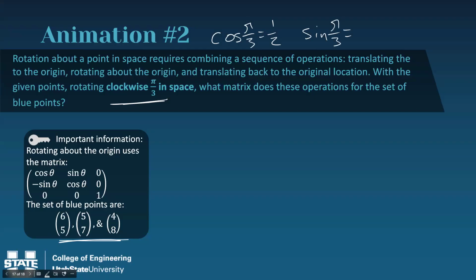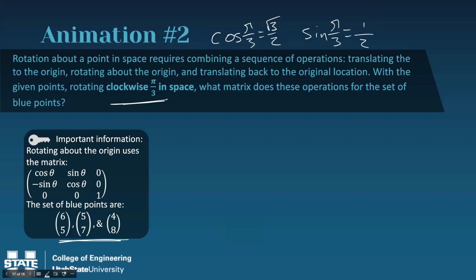No, is the square root of 3 over 2 bigger than 1/2? The square root of 3 is greater than 1. I don't remember. Yeah, because I think it's swapped. Because I just always remember cosine is the longer one on pi over 3.